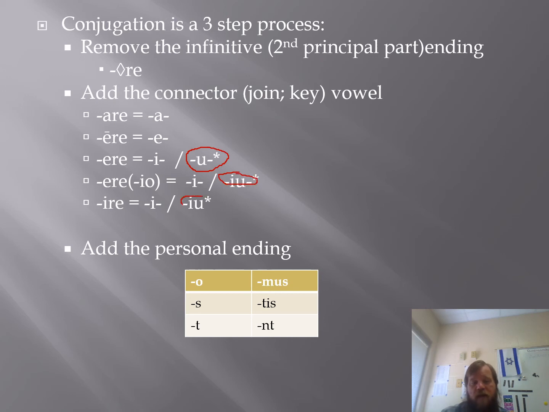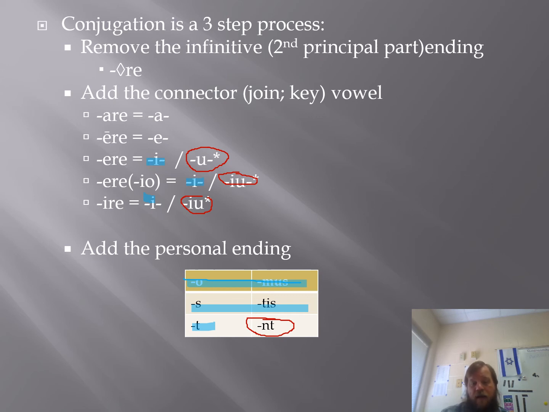The only time you use that join vowel is if your ending is NT. Every other time, that's not what I want. I want this. Every other time, you use that join vowel.